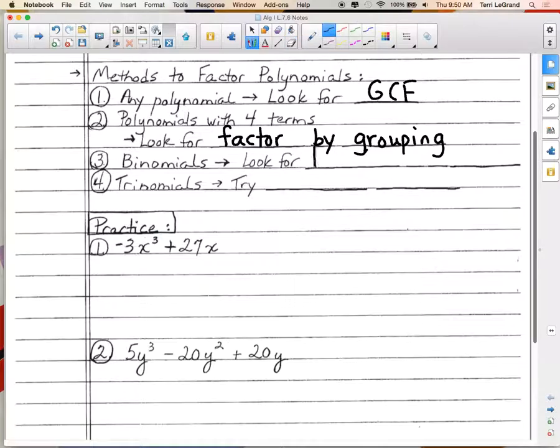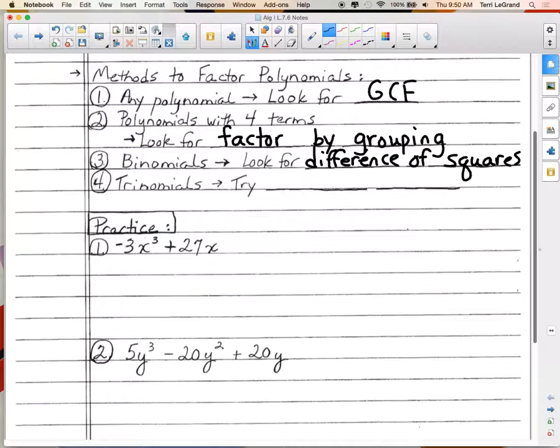We're going to look for difference of squares. Sorry about that. We're going to look to see, is this a binomial that is the difference of squares? And if it is the difference of squares, of course, then we'll factor it.